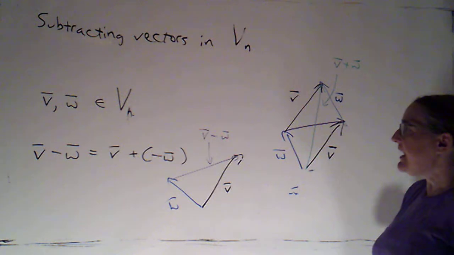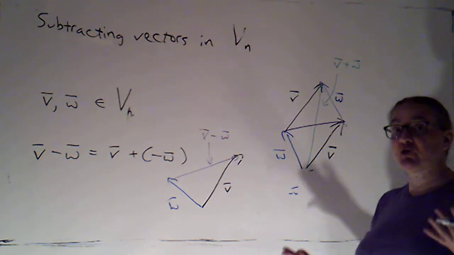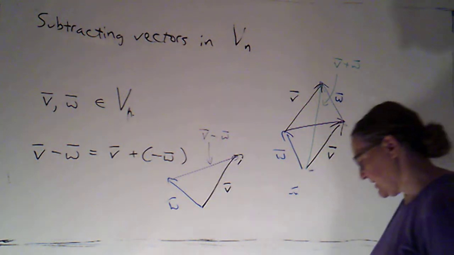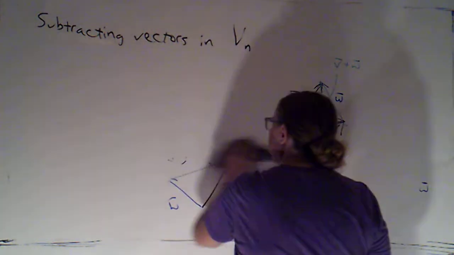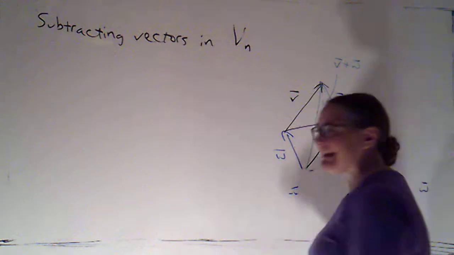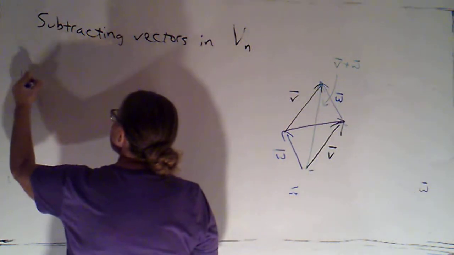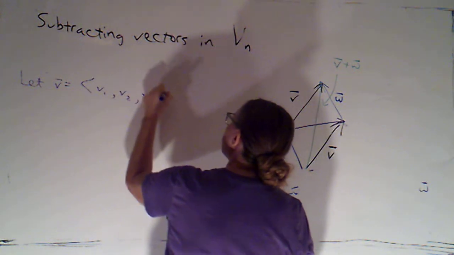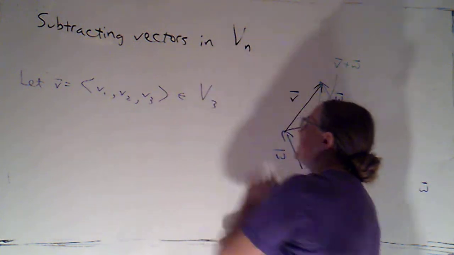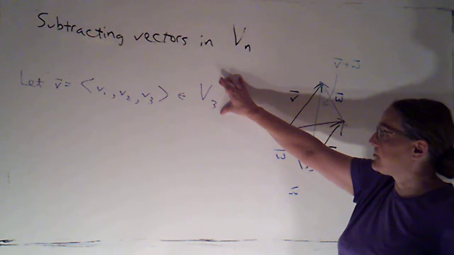And of course, if we want to just do it algebraically, we would just do it component-wise. So let's write that out. Again, I'm going to write it out generically in 3 space. So let's let V be V1, V2, V3, be in the vector space of vectors in 3 space.